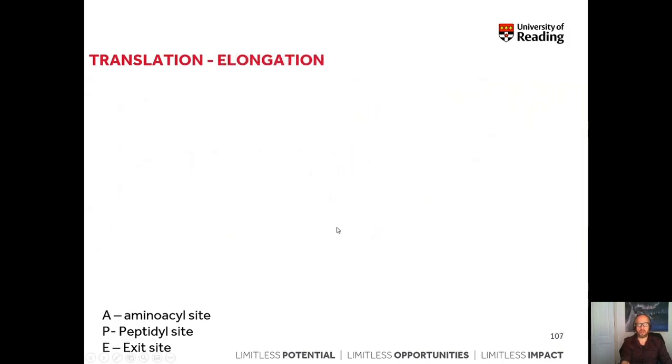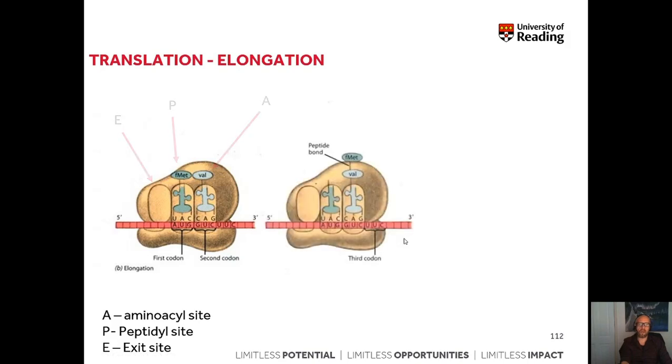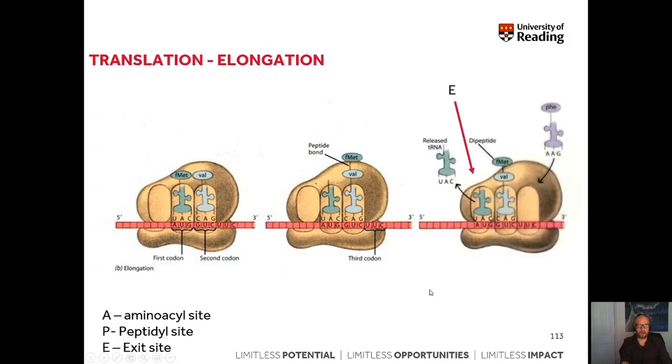During elongation, once the translation has been initiated, the tRNA, which is bound to the first codon, actually moves to the P site, opening thereby the third codon.